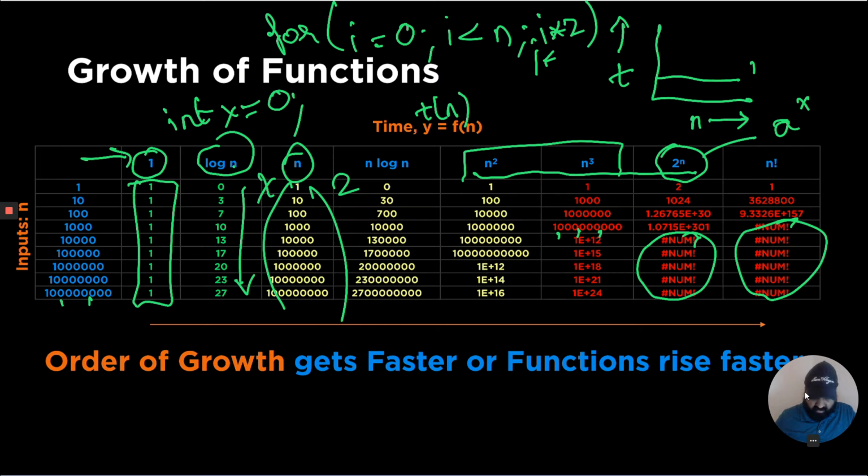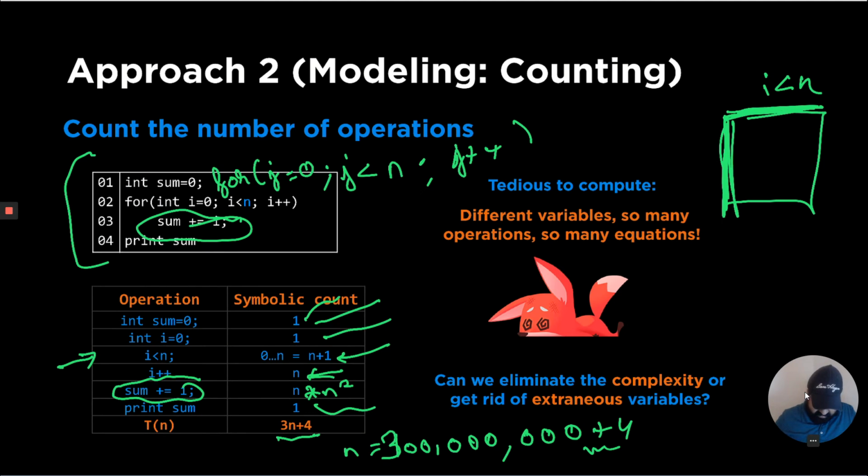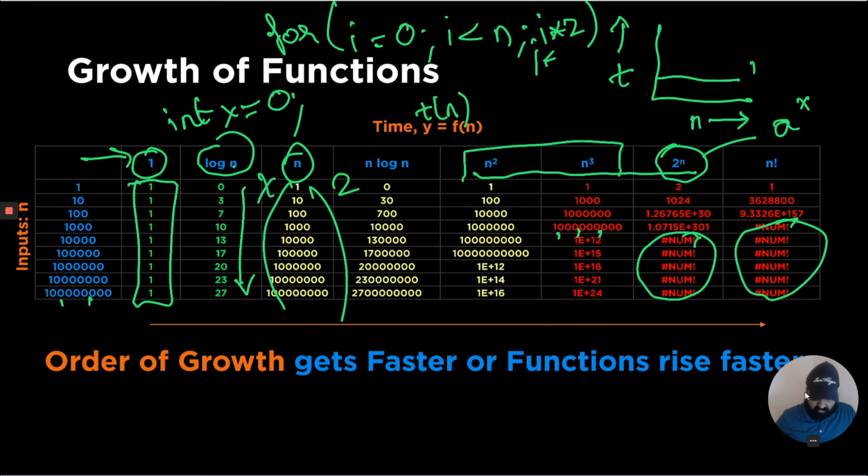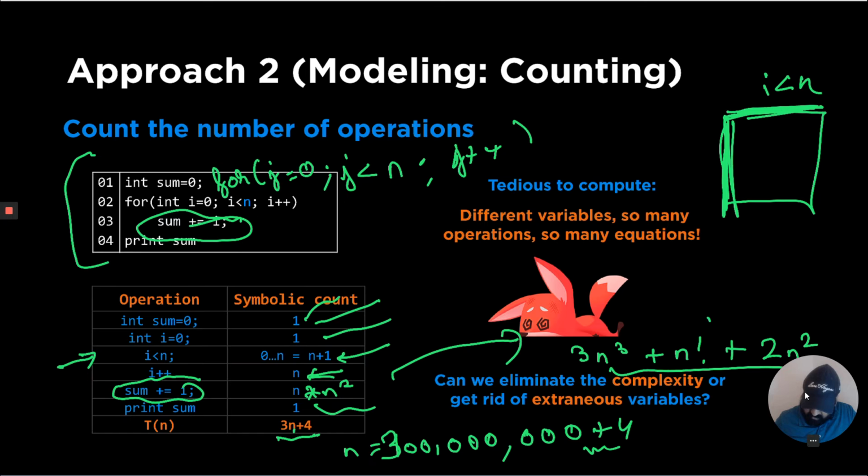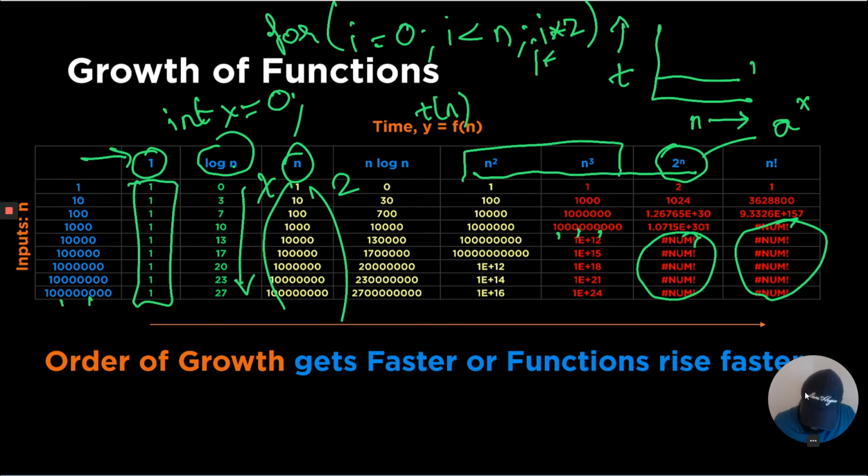What I mean by that is, let's say our complex equation, instead of 3n plus 4, was something like 3n cubed plus n factorial plus 2n square. Then the time taken by our function would be dependent on the larger functions, which in this case is n factorial, which becomes really large.